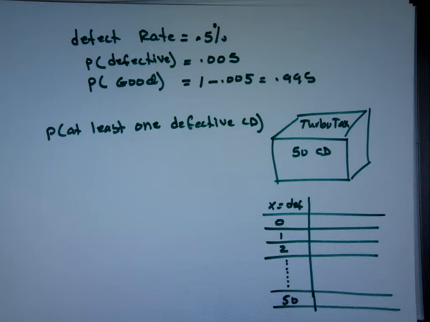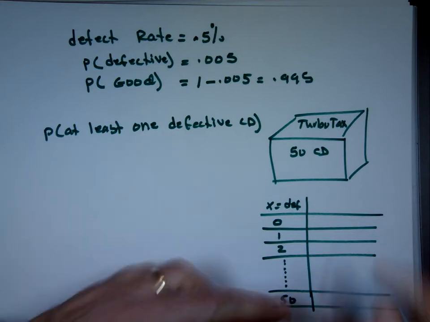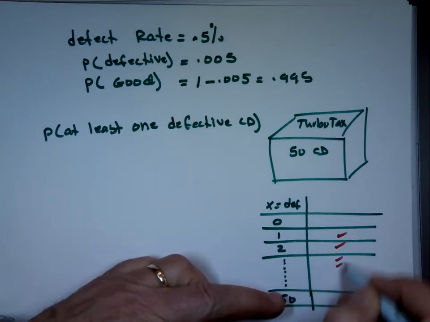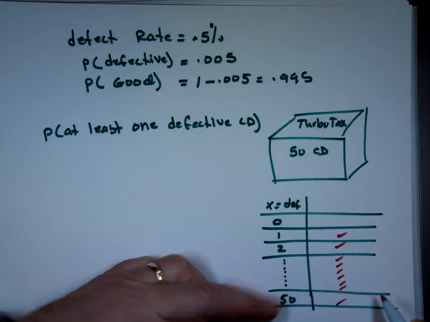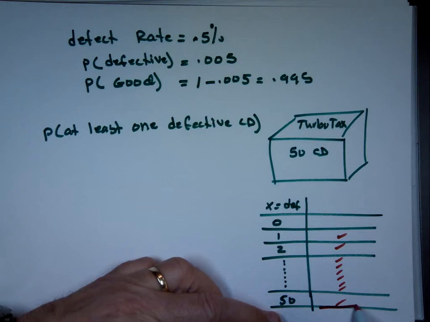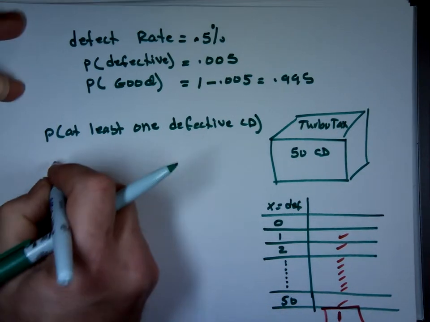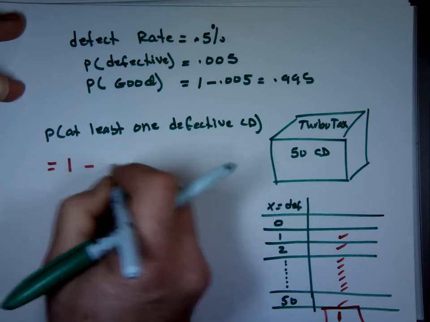The chance of that happening is almost 1 in a gazillion, very small. But it is possible. I'm asking, what is the chance of at least one defective CD? That means it could be one or more. Do I really want to find the answer to each one of these and add them? Hell no. I know the sum is going to be 1 at the end. So I'm going to use that equation: 1 minus the probability of none.